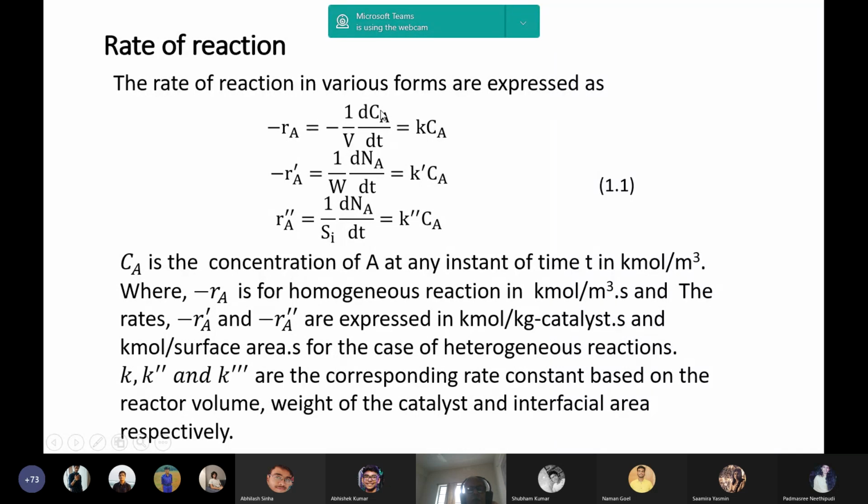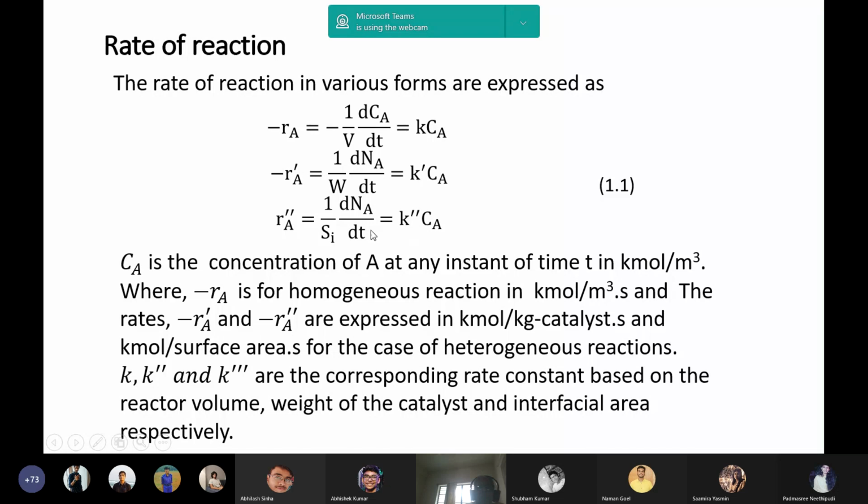For homogeneous reaction, finding the volume of the reactor is called reactor design, or reactor sizing. But in case of solid catalytic reaction, we have to determine the size based on the amount of catalyst. If we know the bulk density of the catalyst, then after knowing the amount of catalyst in kg, you can find out the size of reactor required.